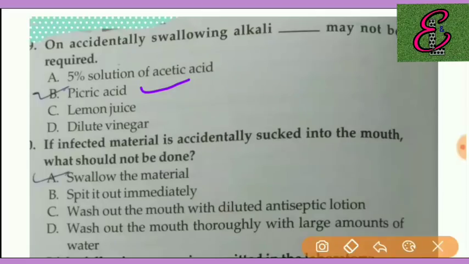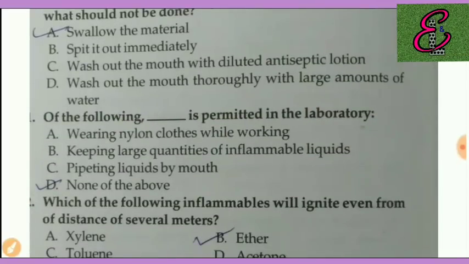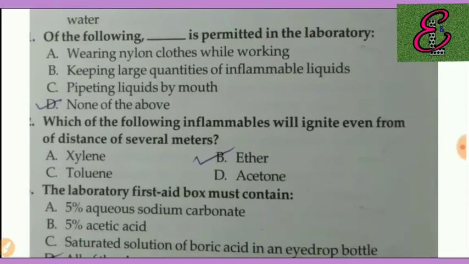Next question, if infected material is accidentally sucked in the mouth, what should not be done? The answer is swallow the material. The next question, of the following, blank is permitted in the laboratory?